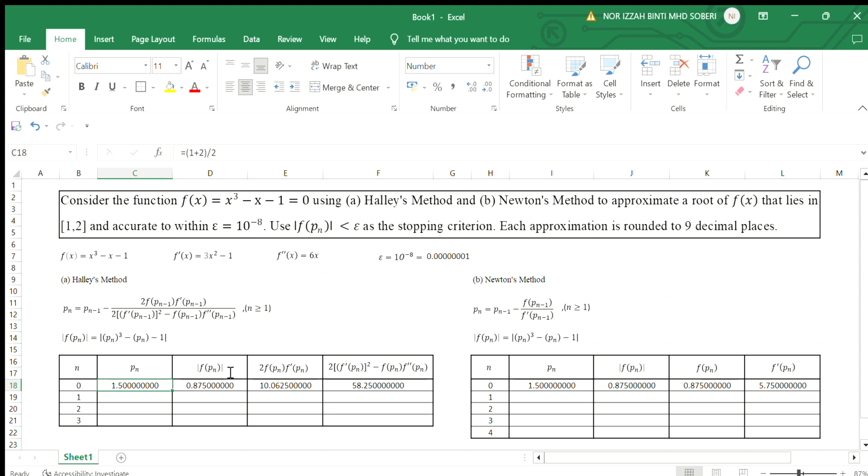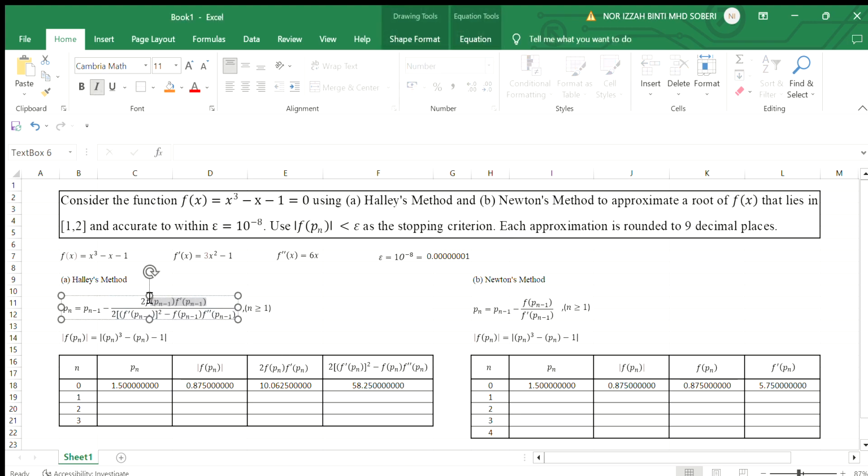And then for absolute f(Pn), which is our stopping criterion, I substitute this 1.5 in Pn, and I get this answer, 0.875. And then for this one, 2 f(Pn) f prime(Pn), this is from the formula above, used to get the next Pn.